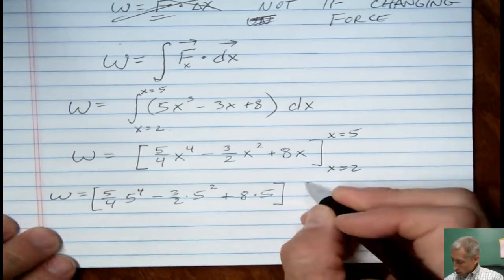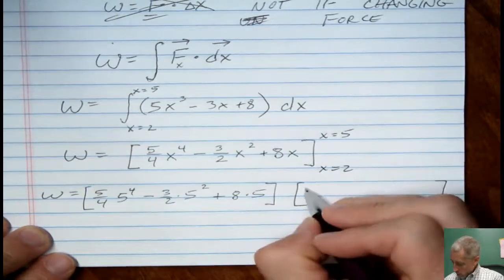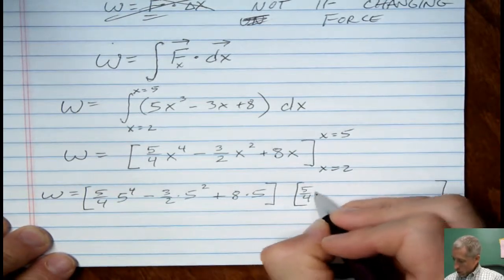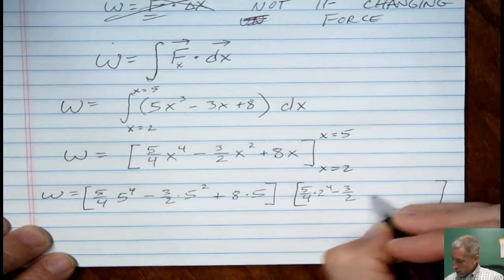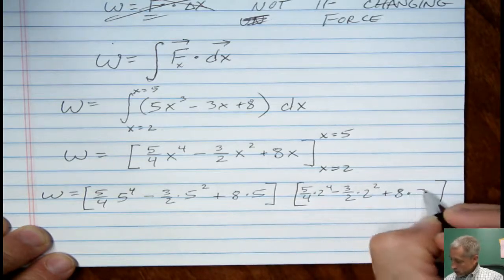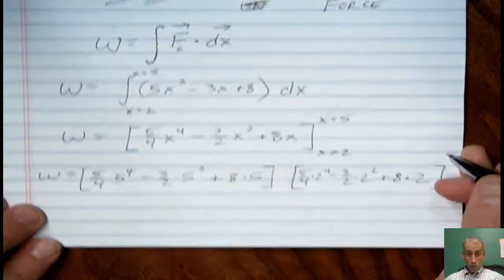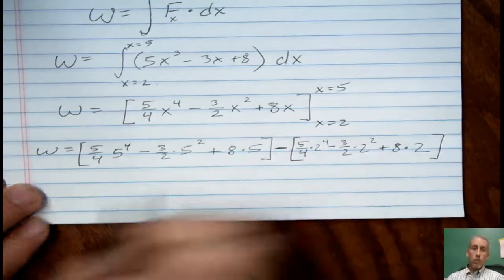And then I'm also going to do it for x equals 2. Hopefully I can squeeze it in here: 5/4 times 2 to the 4th minus 3/2 times 2 squared plus 8 times 2. Those two are numbers that we could calculate, and then we subtract in that order.